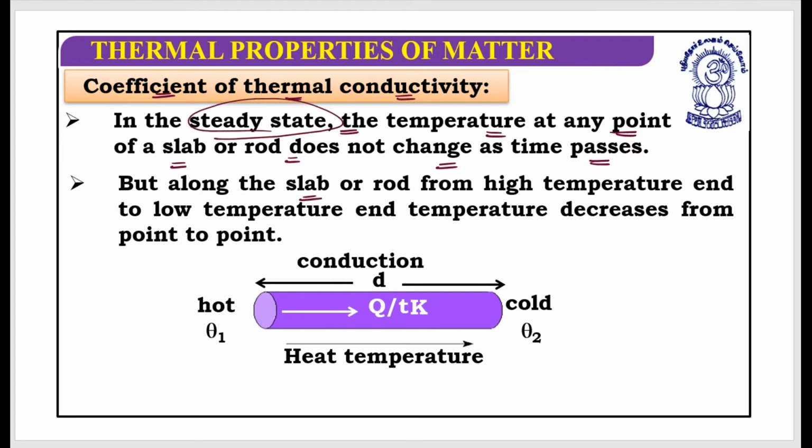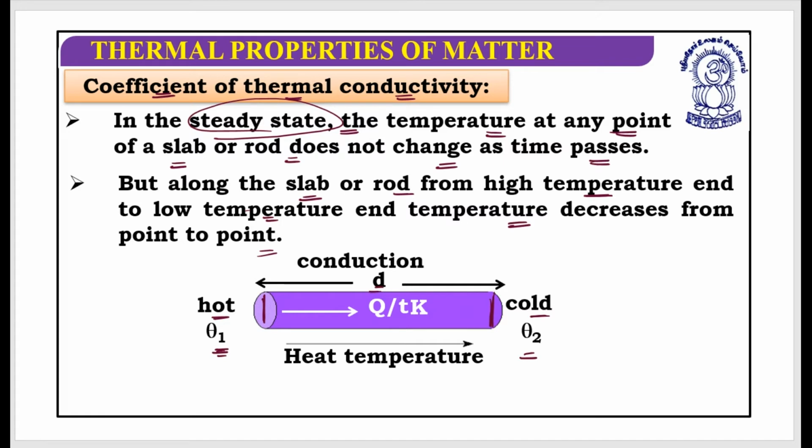But along the slab, or I can say rod, from higher temperature to lower temperature, the temperature decreases from point to point. So let's understand the situation: this is one rod, connected to two different temperatures at the two ends. One is the hot end, maintained at temperature T1, and the other end is maintained at temperature T2.